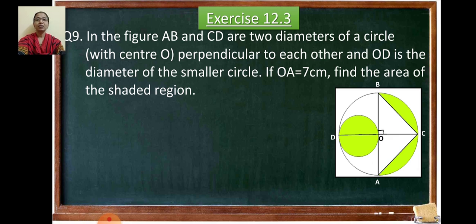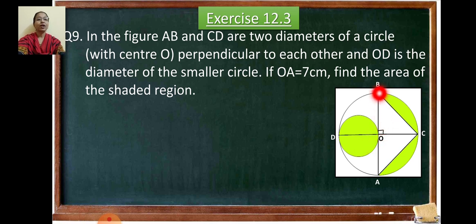So the diagram is simple. The outer circle, to the outer circle, two mutually perpendicular diameters are drawn, and this OA is equal to 7, which is the radius of the bigger circle. So the diameter will be 2 times radius, so 14. So what we will do, we will find out the area of this smaller circle.